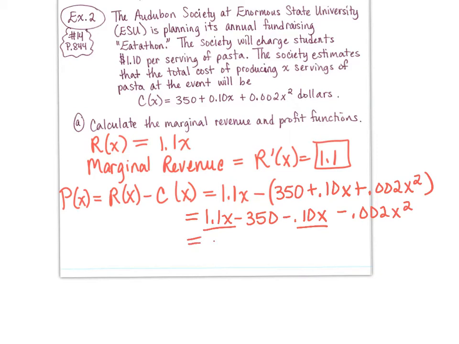In doing so, we get negative 350 plus x, because 1.1 minus 0.10 is 1, so you get plus x minus 0.002x squared. So that's our profit. We have to calculate our marginal profit though, right? It says calculate the marginal revenue and profit functions. We found the profit.